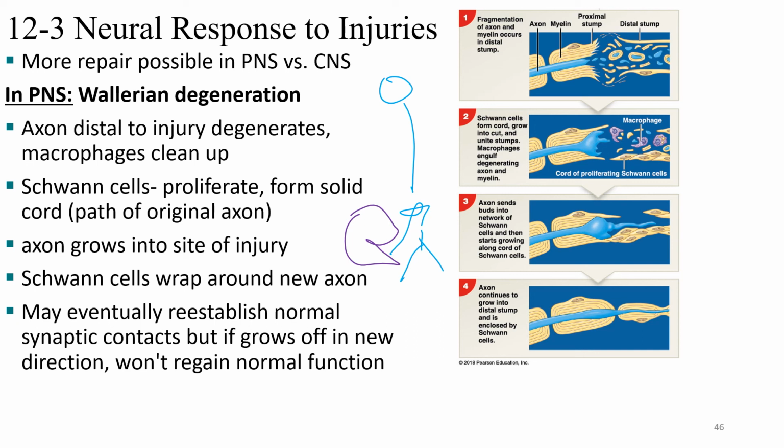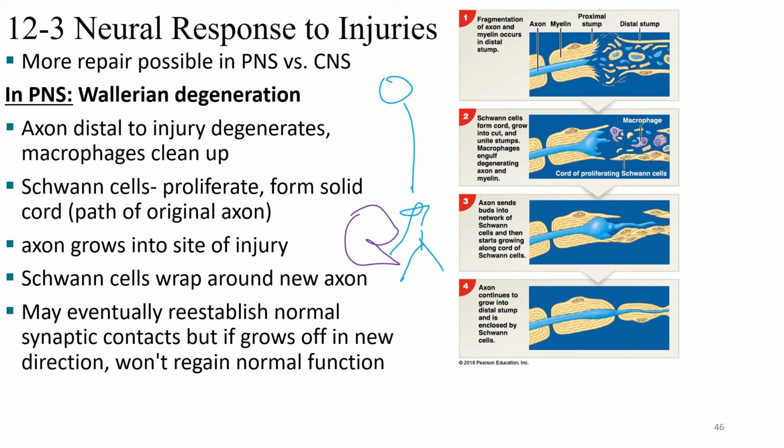Our Schwann cells, remember, those are the myelinating cells in the peripheral nervous system. Those Schwann cells can then proliferate and form a cord following the path of the original axon. And that cord that the Schwann cells form basically makes a path for that new axon to grow into as the neuron recovers.